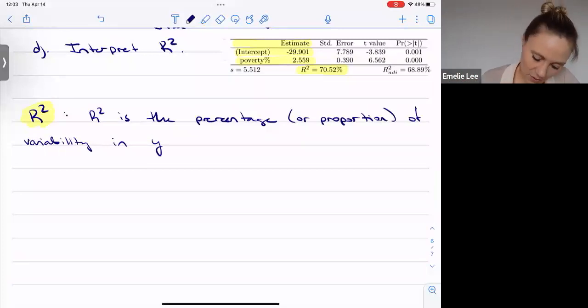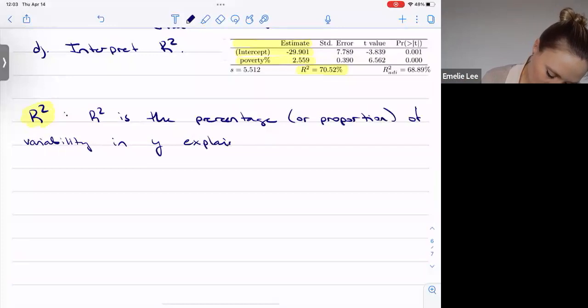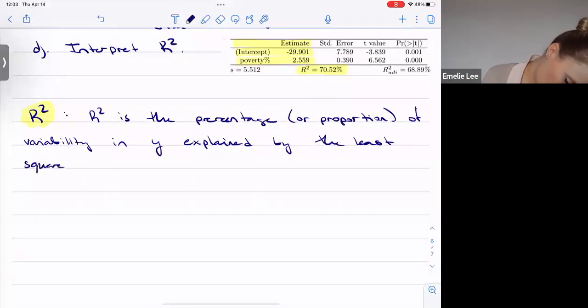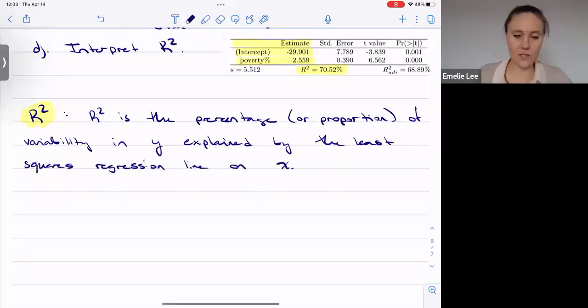But let's write it down. So, the variability in Y explained by the least squares regression line on X.